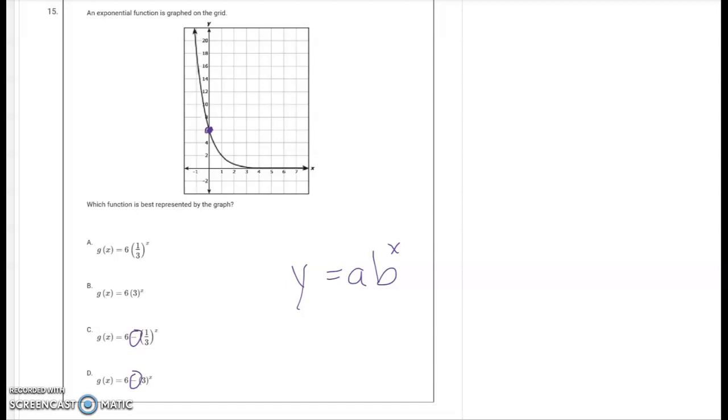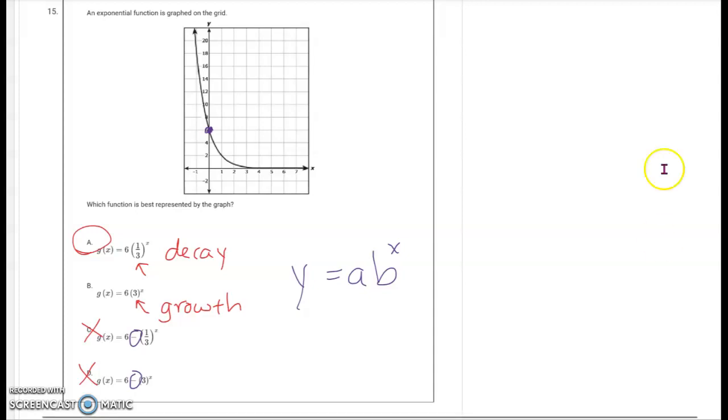So these are definitely wrong. Why is there a minus there? It makes no sense. And then you can see here 1/3 is a decay and 3 means growth. Ours is clearly decreasing from left to right. This is a decay, so it should be A. Use that process of elimination, guys.